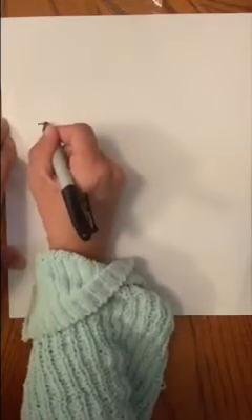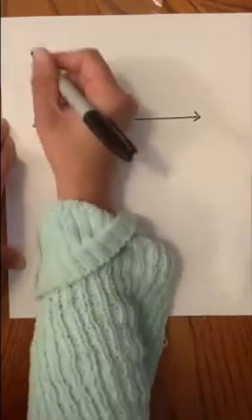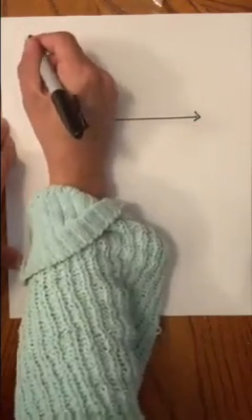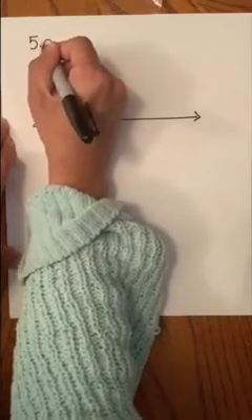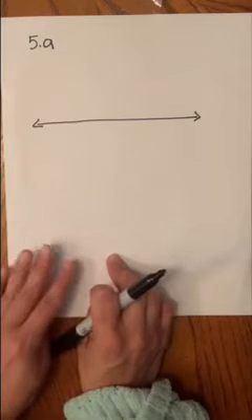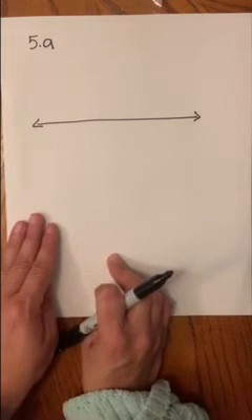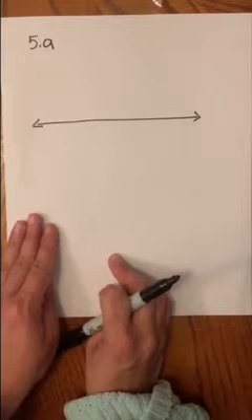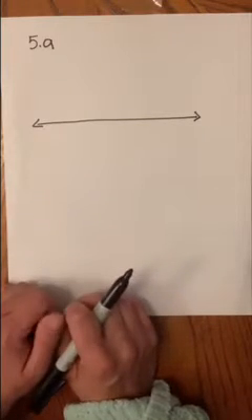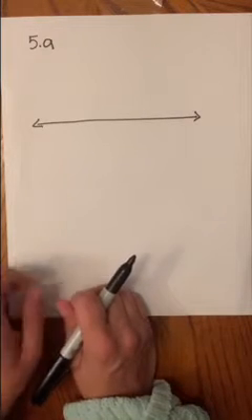Okay, let's do that. So I'm gonna draw my number line, and this is for number 5A. Good. Do my number line. And now they want us to do fifths. Okay, I can do that.